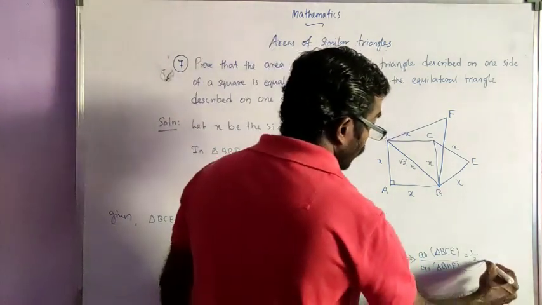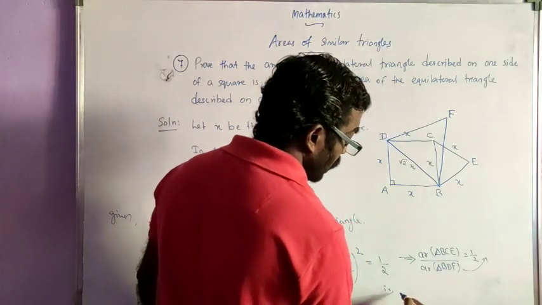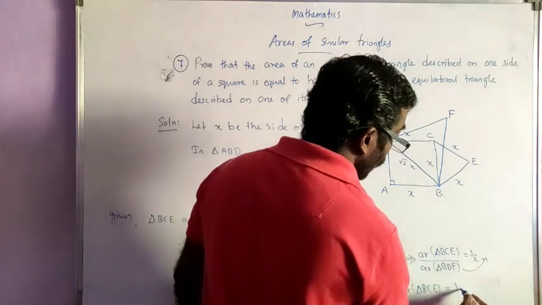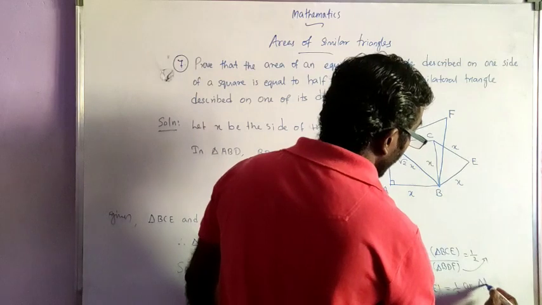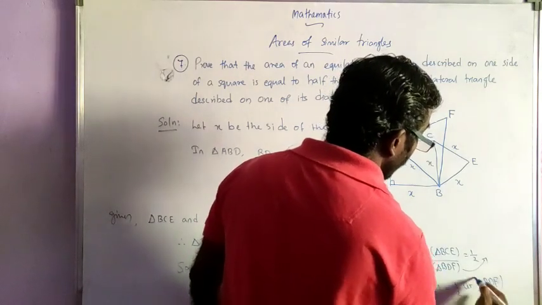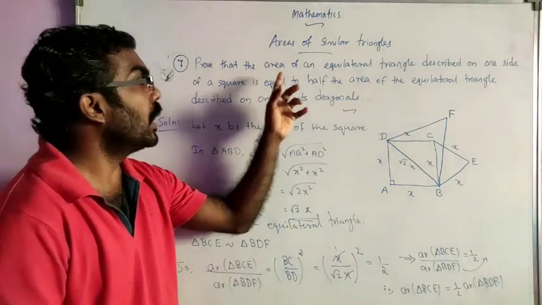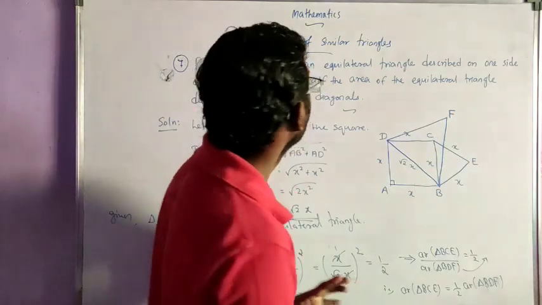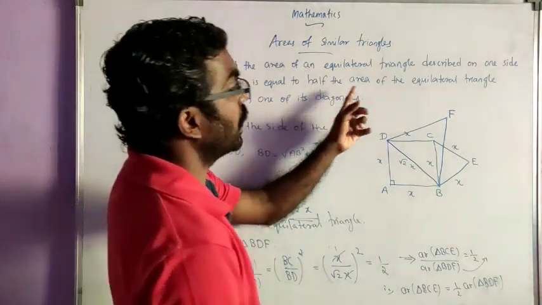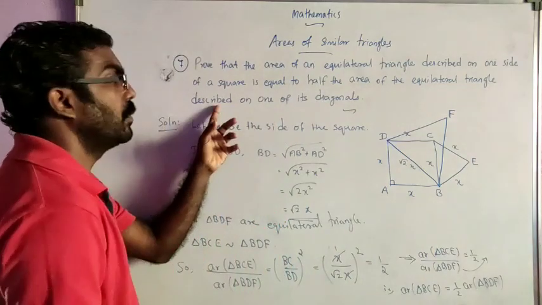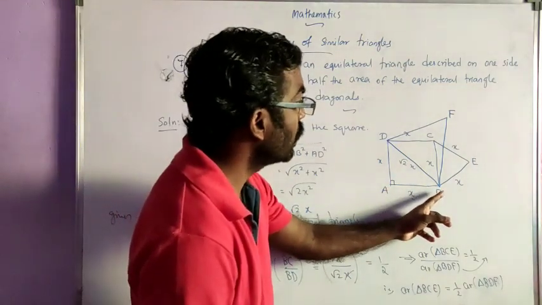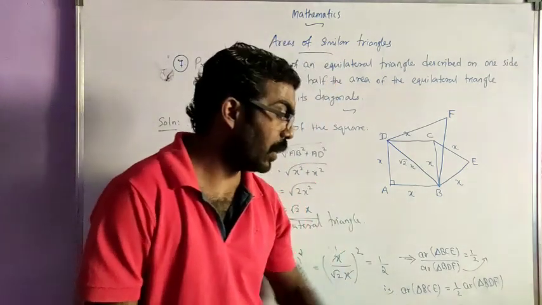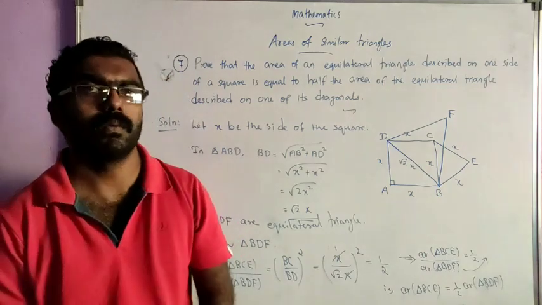Now we cross multiply, so area of triangle BCE will be equal to 1 by 2 into area of triangle BDF. That means the area of an equilateral triangle described on one side of a square, here BCE, will be equal to half the area of the equilateral triangle described on its diagonal, and that triangle is BDF. Clear?